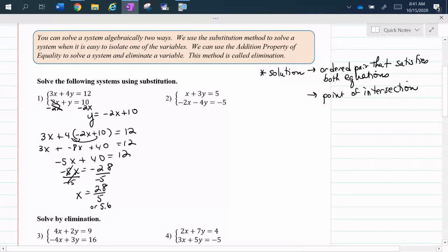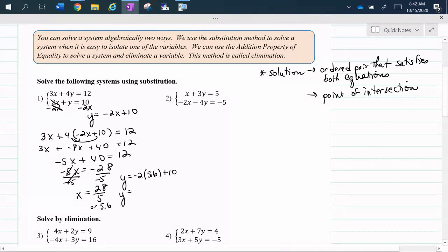So now that I've solved for x, remember the solution to a system is an ordered pair, not just an x value or a y value, but an x comma y. So I need to take that 5.6 and plug it back in to one of the equations, because I know that it will make the sentence true. So y is equal to negative 2 times 5.6 plus 10.